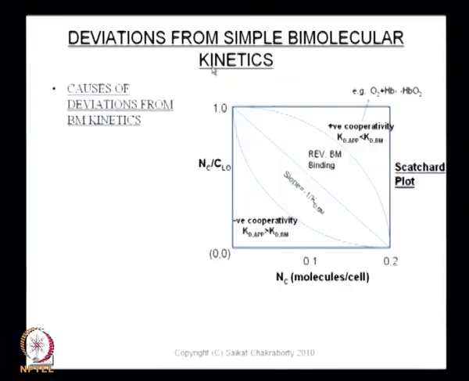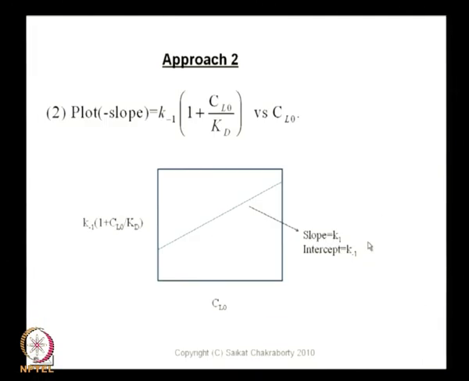As you see on the screen, this is called deviations from bimolecular kinetics. What we had looked at till now is bimolecular kinetics. So, R plus L giving C is bimolecular kinetics, and if I am doing a Scatchard plot, Nc over Cl naught versus Nc, the Scatchard plot is linear, just as we plotted it here.